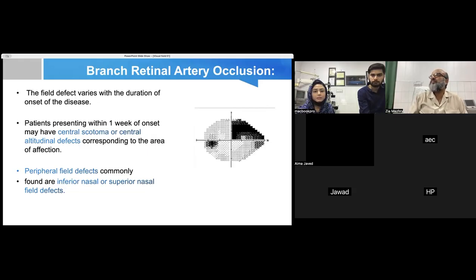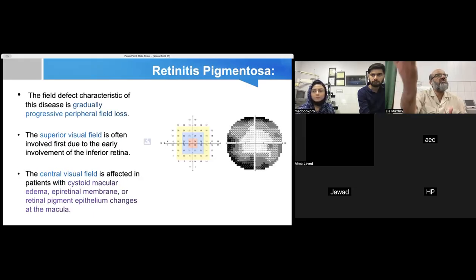Patient presenting within 1 week of onset may have central scotoma or central altitudinal defects. While in peripheral field defects, most commonly seen are the inferior nasal and the superior nasal defects. Branch है ना, inferior branch occlude होगी तो defect superior आएगा, superior occlude होगी तो inferior आएगा.